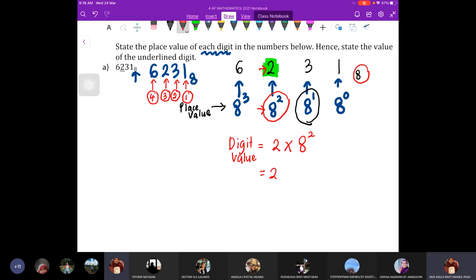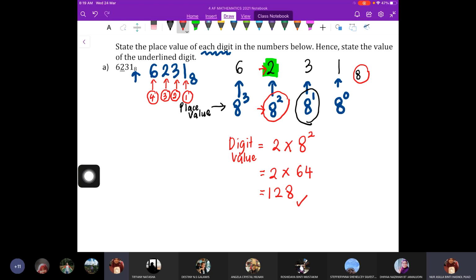Jadi 8 to the power of 2 is 64. So 64 times 2 will be 128. So this is the digit value. Okay, faham? So dia ambil 2, sekarang kita akan guna kat atas ni 2. Darabkan dengan place value and then you simplify, you solve it.